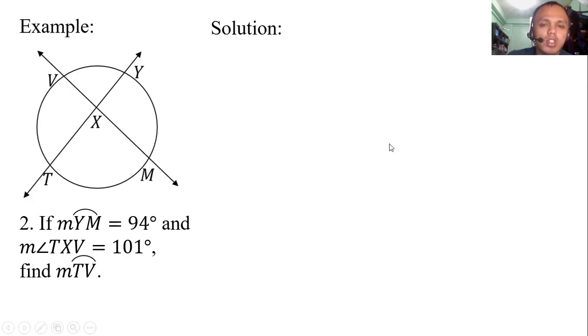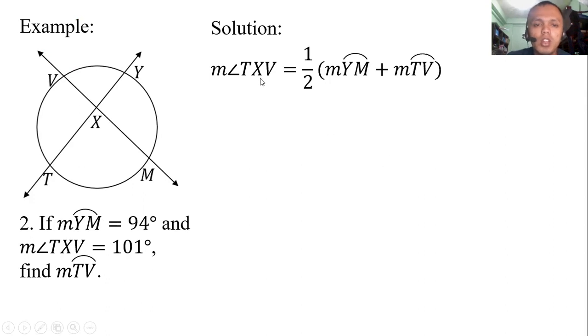Now, using this formula again, yung TV and YM are intercepted arcs of angle TXV. Therefore, measure of angle TXV is equal to half of the measure of arc YM plus measure of arc TV. Now, your TXV here given na, which is 101 degrees, and your YM is 94. Now, find your measure of arc TV.